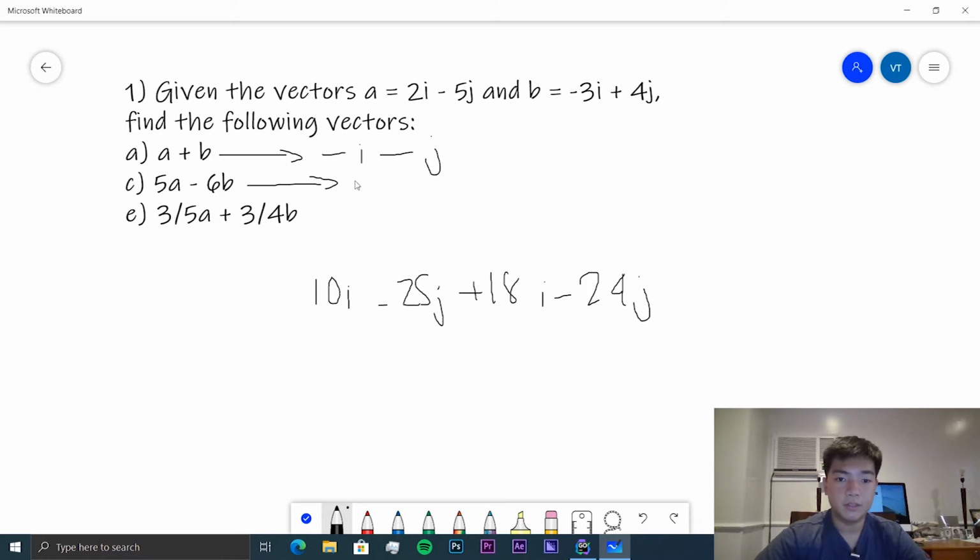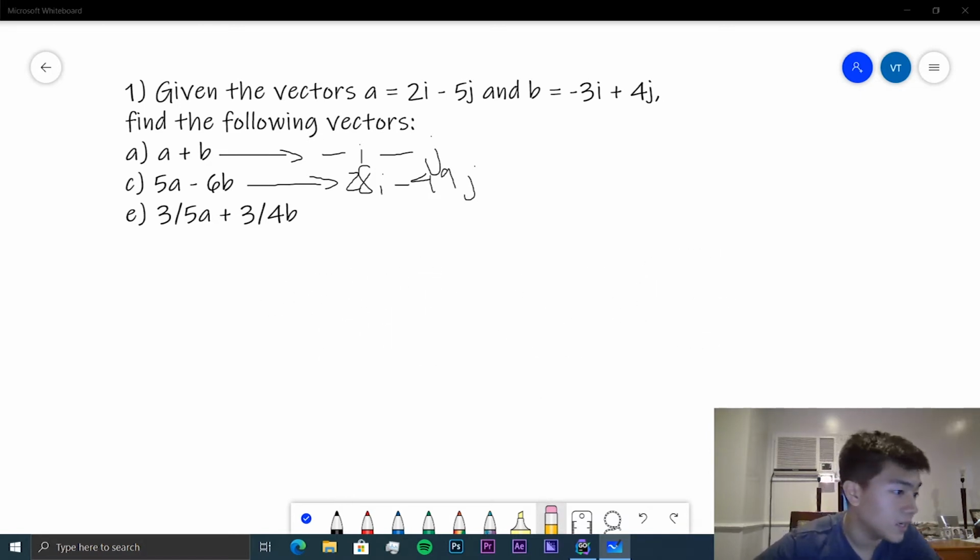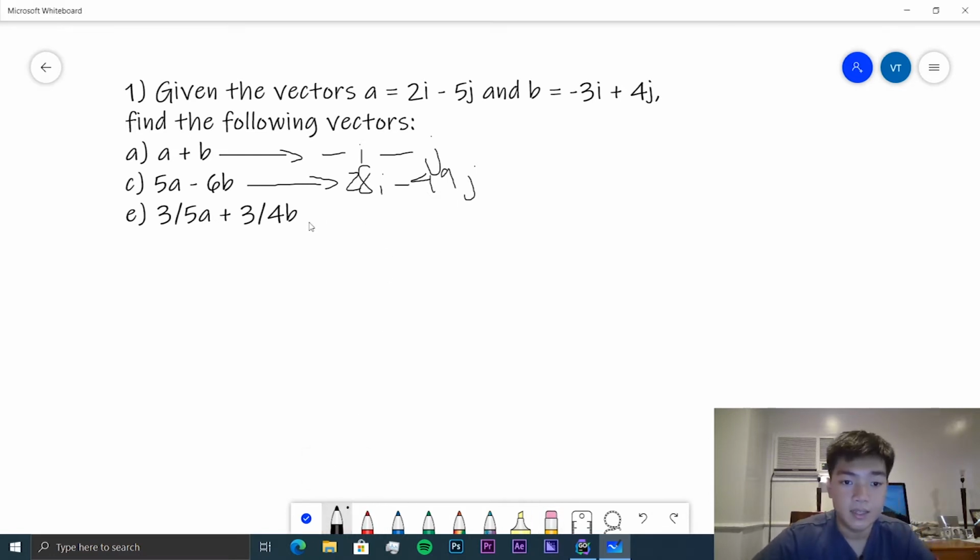So this is equal to 28i minus 49j. Is that correct? Yep.